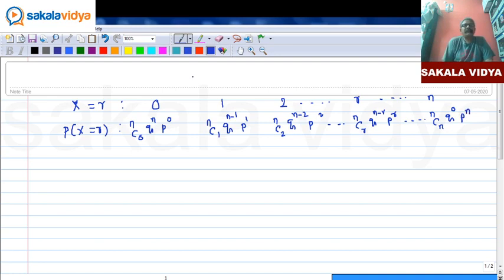Since it is a random variable, we know that the sum of P of x equal to r is equal to 1.